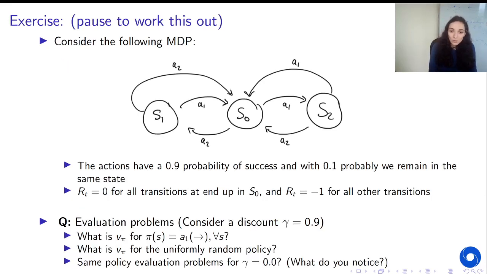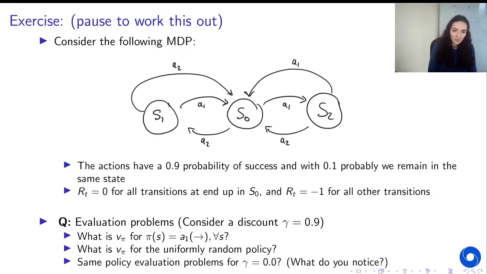And now you're actually going to be looking at an evaluation problem. For this particular MDP, consider the discount factor 0.9, and your task is to find the value function v pi associated with a policy that always, in this MDP, takes action 1.